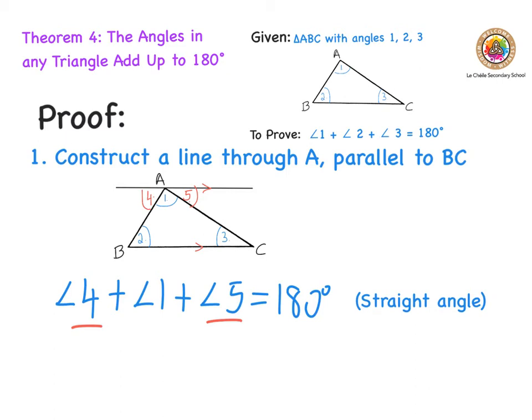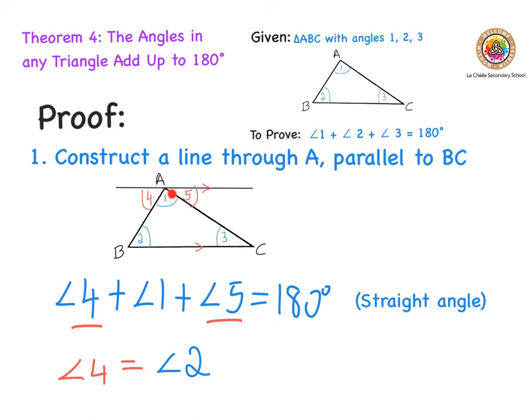Okay, so the next thing that we can do, well, if we look at our diagram here a bit more closely, we can see we have a Z shape here. So again, following the Z here, well then that means we have alternate angles, and from that we can see that angle 4 is equal to angle 2. Okay, the other alternate angle that we have from following our Z is the backward Z here.